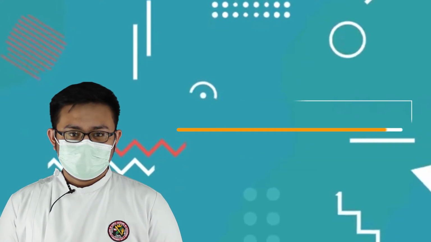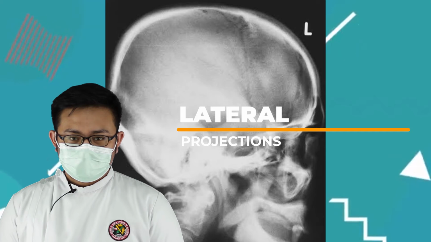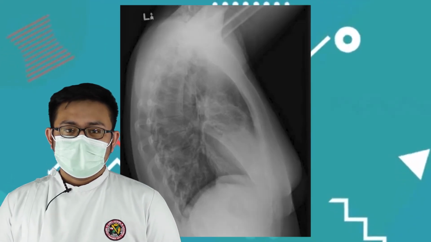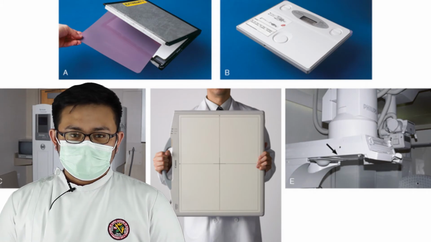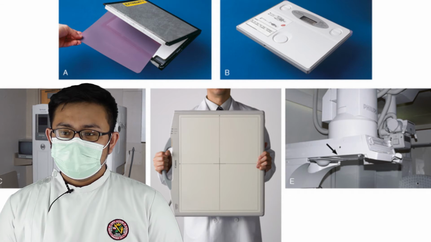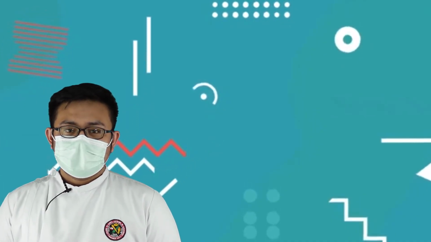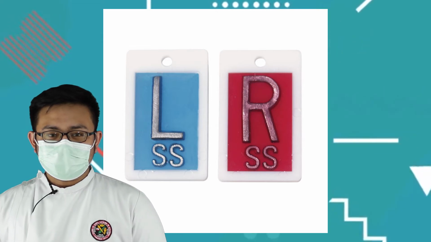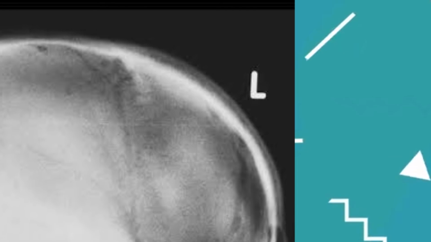For lateral projections of the head and trunk, like head, spine, chest, abdomen, and pelvis, always mark the side closest to the image receptor. For example, if the left side is closest, use a left marker. The marker is typically placed anterior to the anatomy.